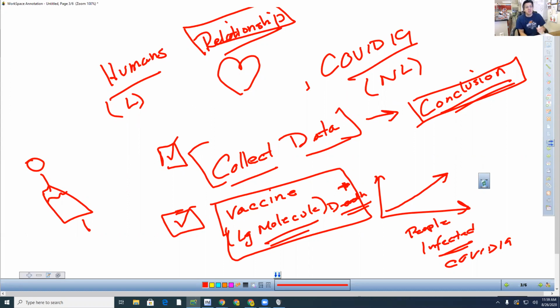Science is about studying relationships between living and non-living things, or sometimes living and living things. So if you ever become a scientist and get into a lab and do research, really what research is is just studying a relationship. And how do we study this relationship? By collecting data. What is data? What's another simple word for data?